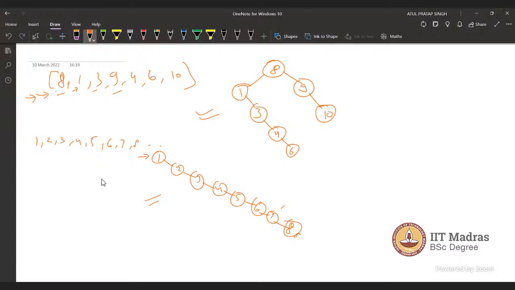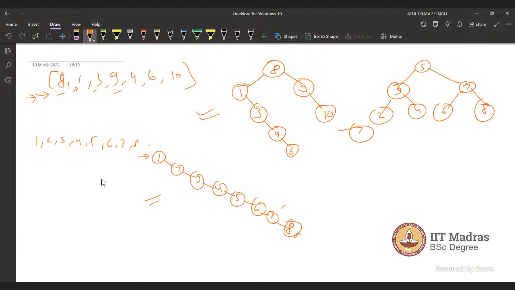So our binary search tree could be created in this way. For example, 5. This is 4. This is 3, and this is 4. This is 2. And like that. So this is 7. This is 6. This is 8. So total elements are 7 here.